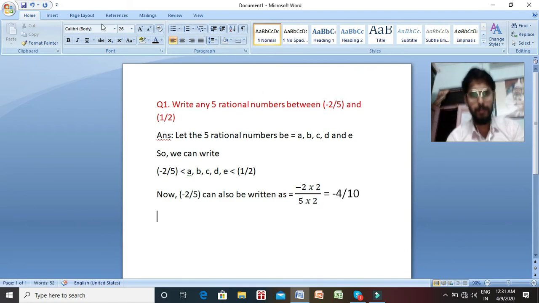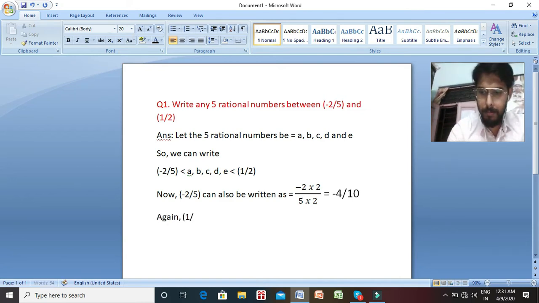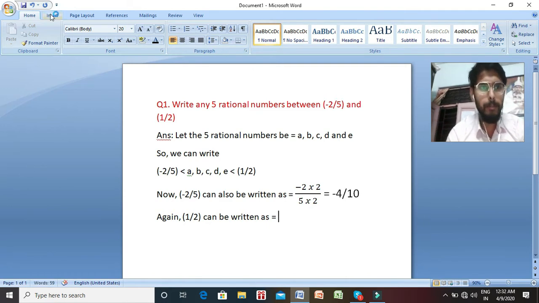Now again, half can be written as, again we will do the same thing.